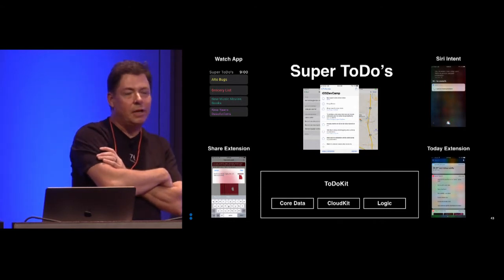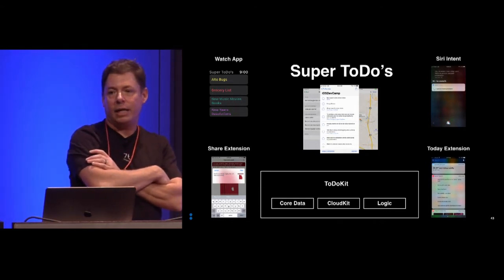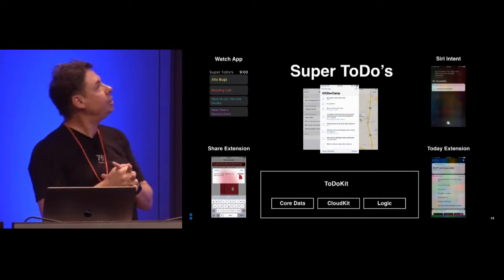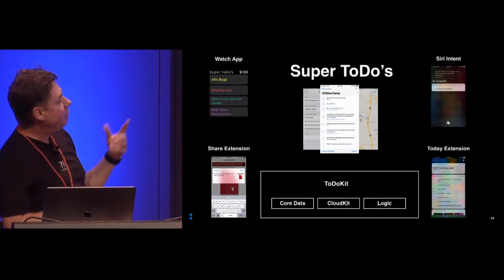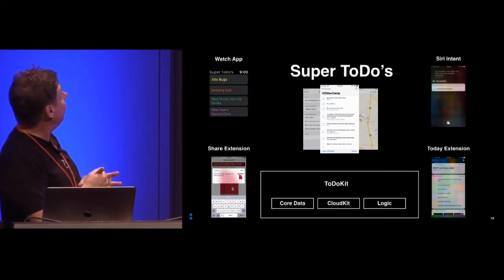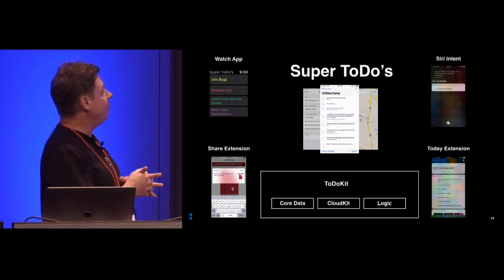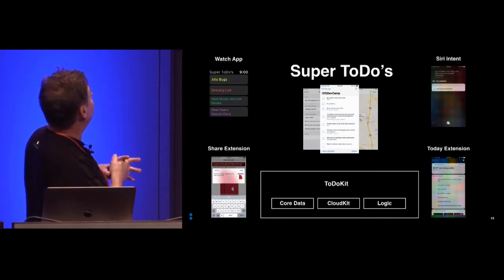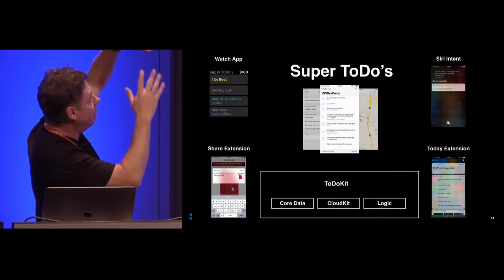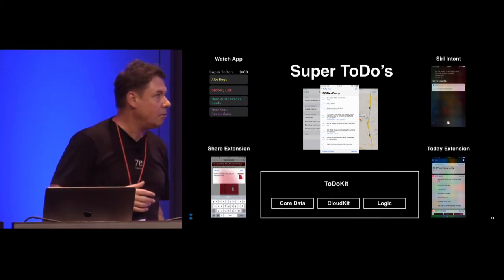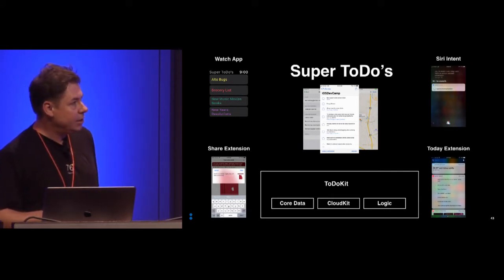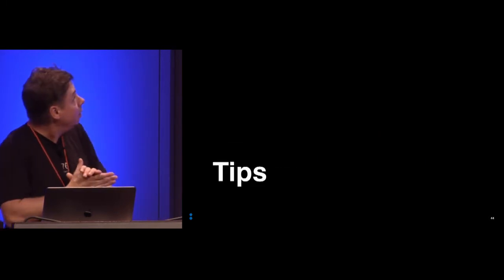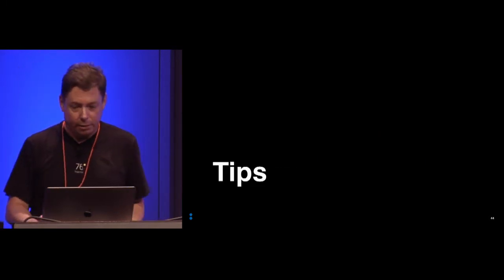You want to play with it, you want to try it. It's really nice to be able to do it and actually ship it out into production. I got a lot of experience with the CloudKit this way, but it follows the exact same format. To-do kit and runs on the watch, and share extension, and uses CloudKit to sync across devices. And it's just a lot of fun, and I might make $8 or $9 from it.